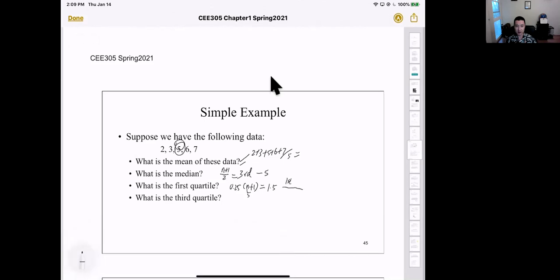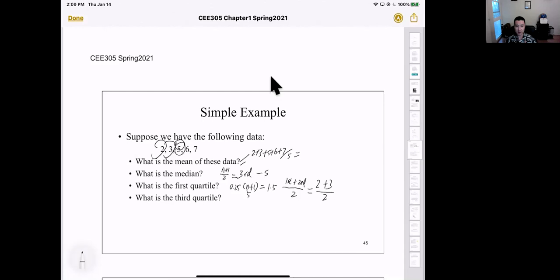So the first plus the second, divided by 2. The first sample item is 2, and the second sample item is 3, divided by 2. So that's the first quartile.